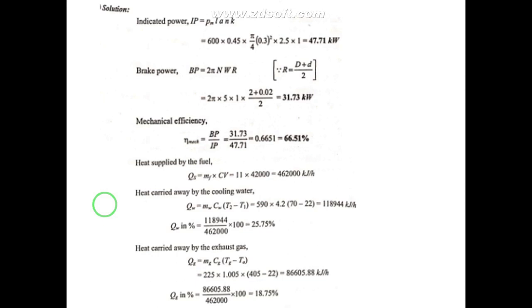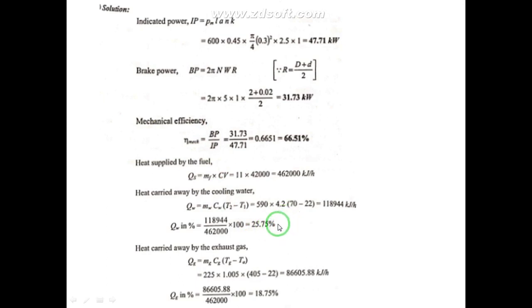This is the heat we are losing into the cooling water. Next we find the value in percentage.